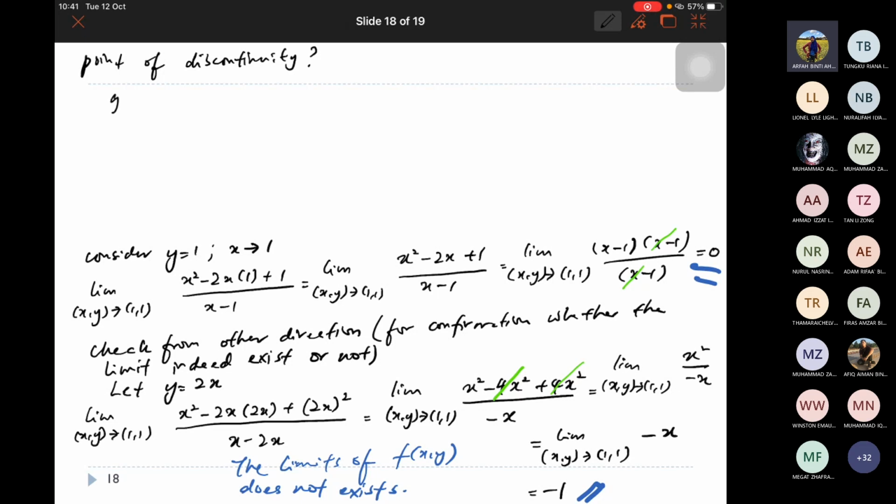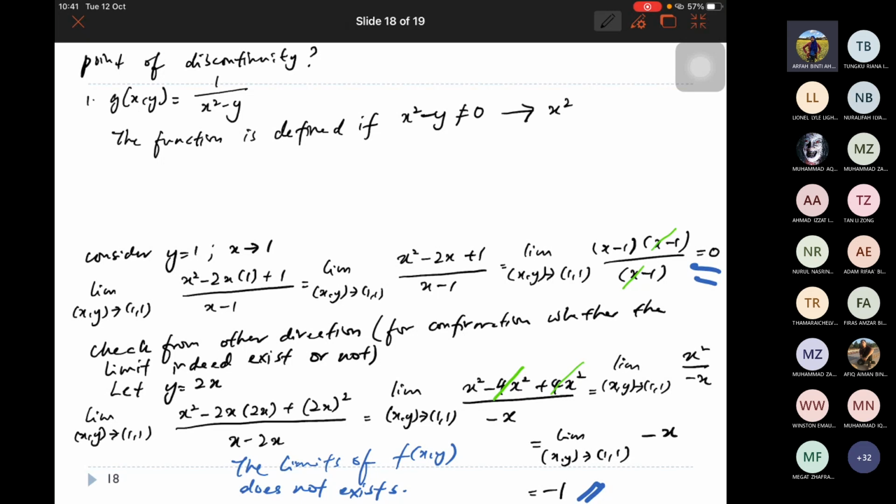So let's say we have the first one, g(x,y) sama dengan 1 over x squared minus y. Okay. So, daripada sini, dekat mana function ni define? So, the function is defined if dia punya denominator x squared minus y does not equal to 0. That mean x squared akan sama dengan y.